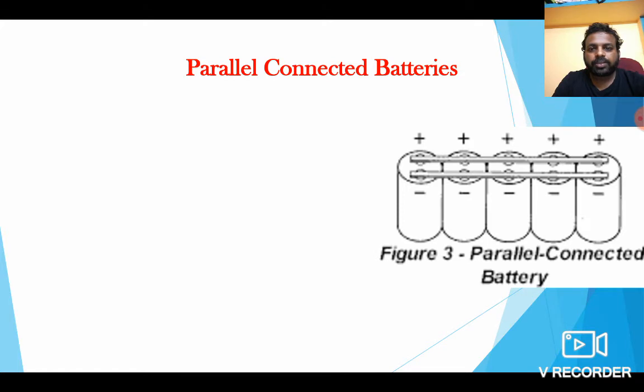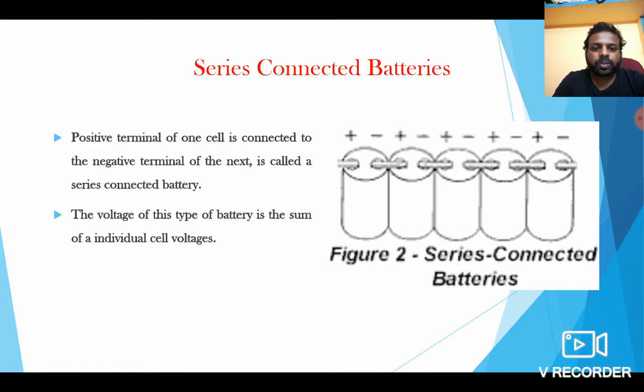You can understand this series connection of batteries from the right side image. One positive terminal of a battery is connected to the negative terminal of the other battery. So by connecting a number of batteries in series, you can have a higher voltage output in the circuit.